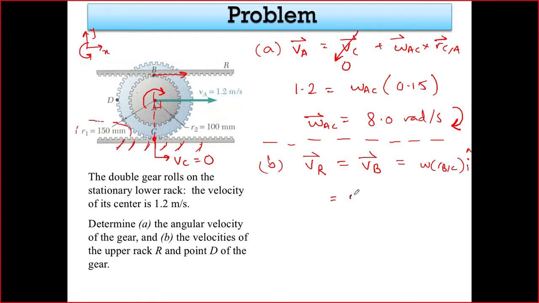So that turns out to be 8 times this distance right here, and that is the sum of the two radii. मतलब ये कि पहले ये बड़े वाले gear का radius, फिर ये छोटे वाले gear का radius. So that's 0.25. So the velocity of R is then 2I meters per second.